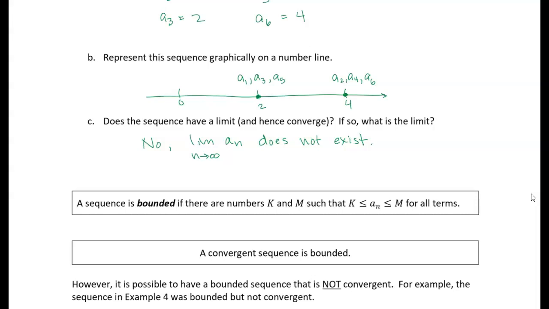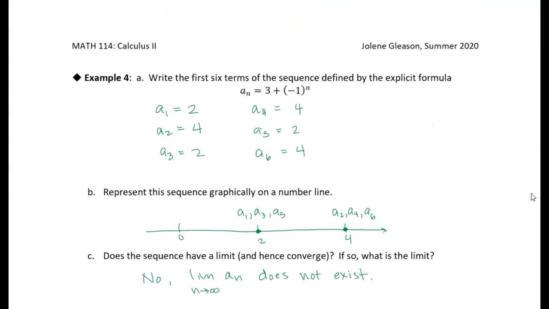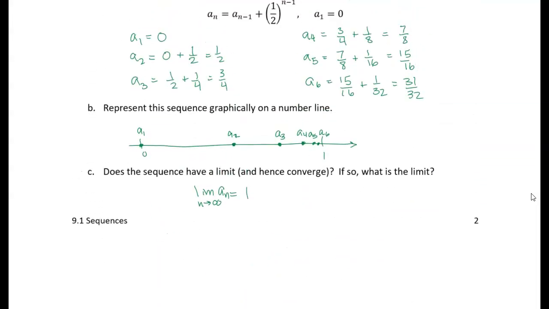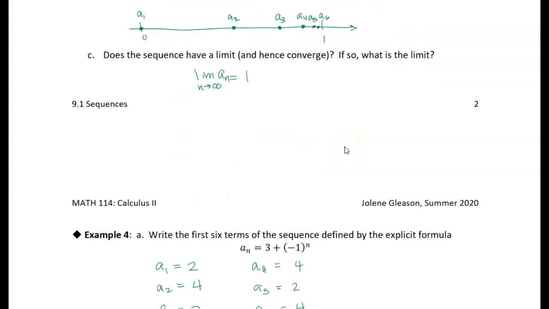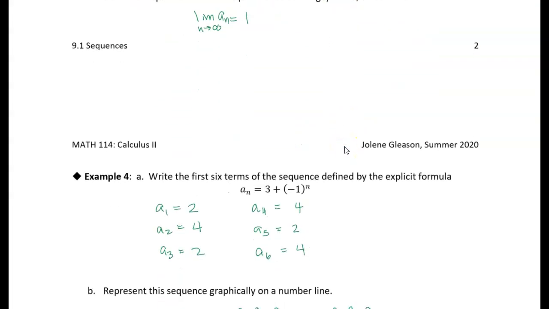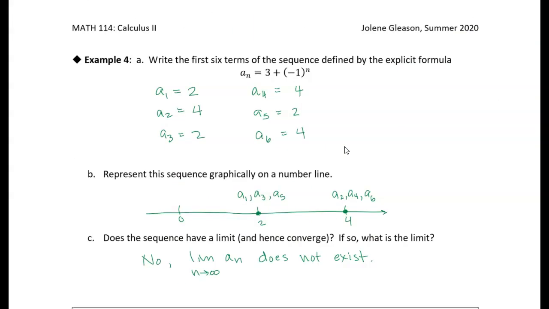So both of the sequences that we just looked at in examples 3 and 4 are bounded. For example 3, I can scroll back up to example 3. Our lower limit was 0 and we approached 1, so the bounds of our sequence are between 0 and 1.